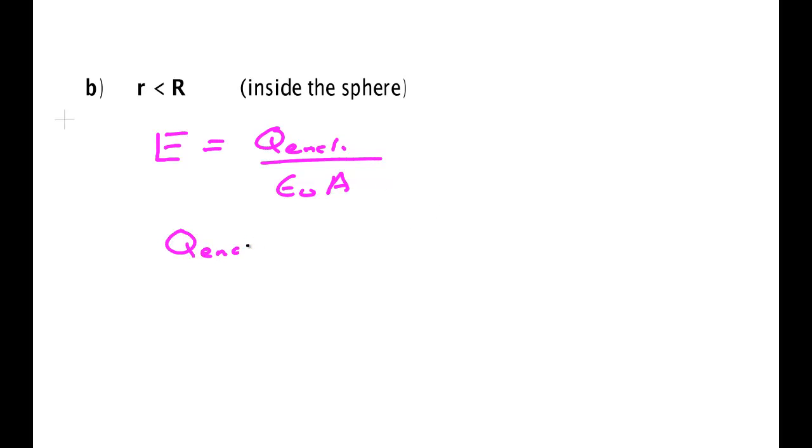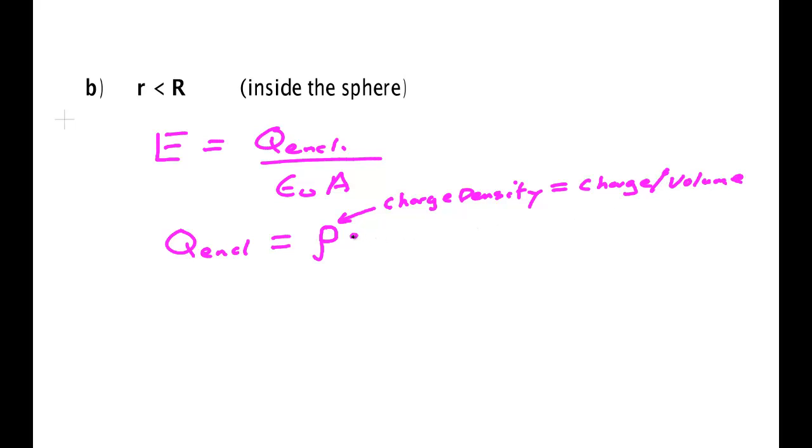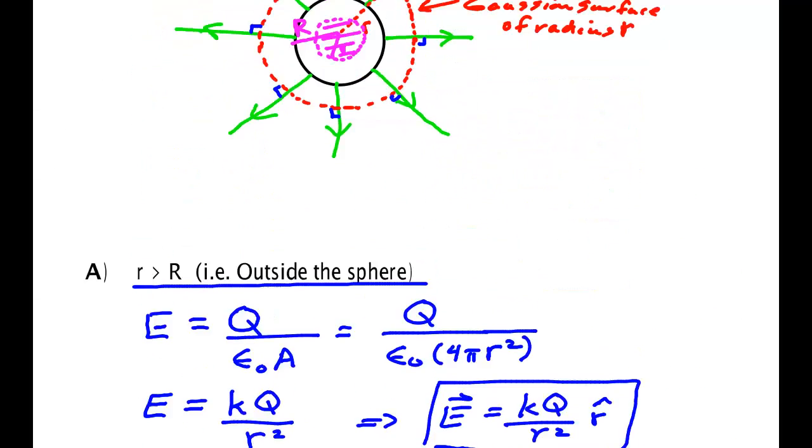The enclosed charge would be equal to the charge density, that's charge per volume, times the volume. Okay, now let's see. The volume is the volume of a sphere, 4/3 pi little r cubed. It's the volume of the purple sphere here.